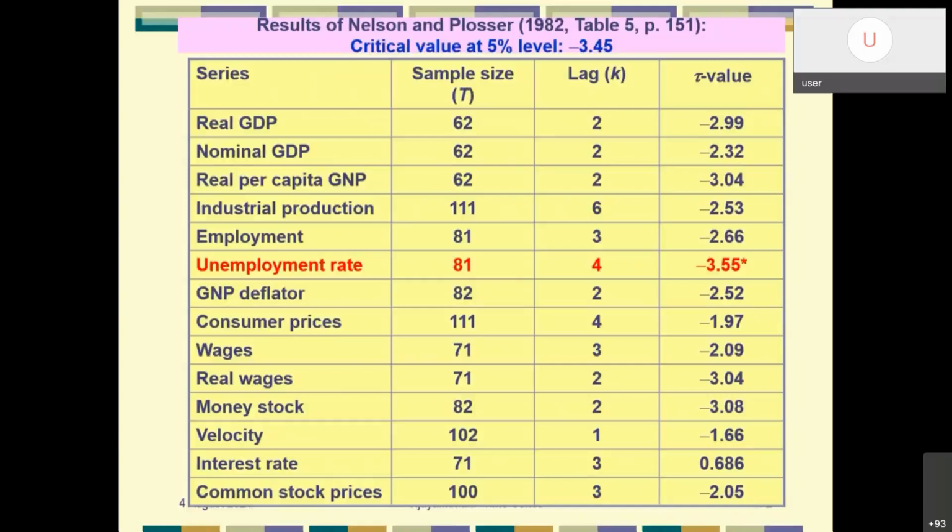So the non-stationarity that Nelson and Prosser found in most of these time series, according to Perron, was because there was or there might be a break in the series.